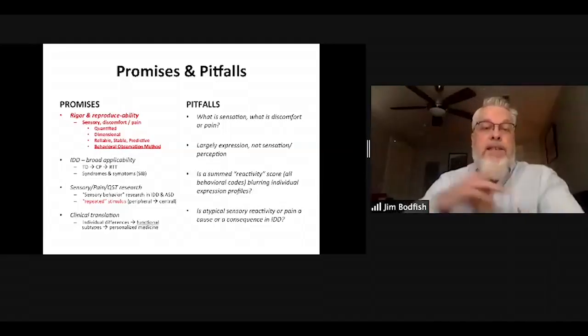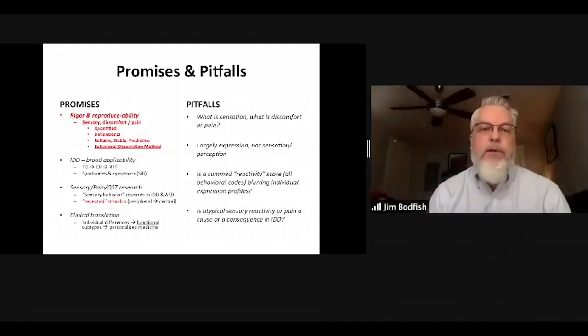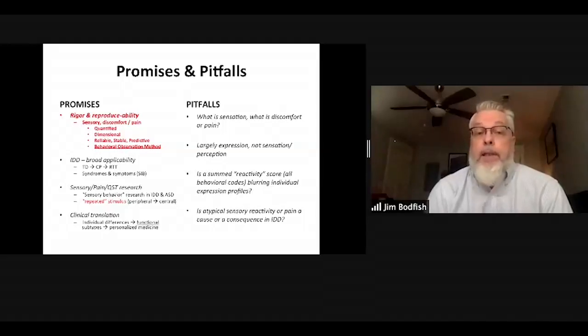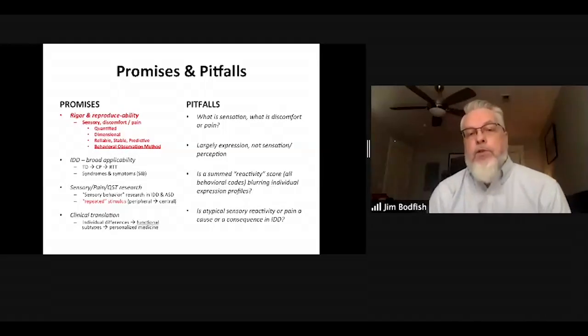But other promises, sort of generally at the 30,000-foot view that I think these papers have clearly shown, is broad applicability of this approach. So we heard about this not only in typical development, but cerebral palsy and in Rett syndrome. And then this movement, not just in syndromes, but to think about symptoms or specific clinically significant behavior and self-injury.